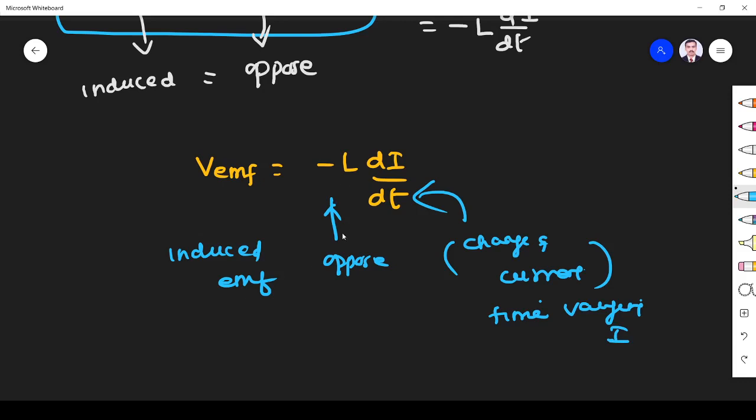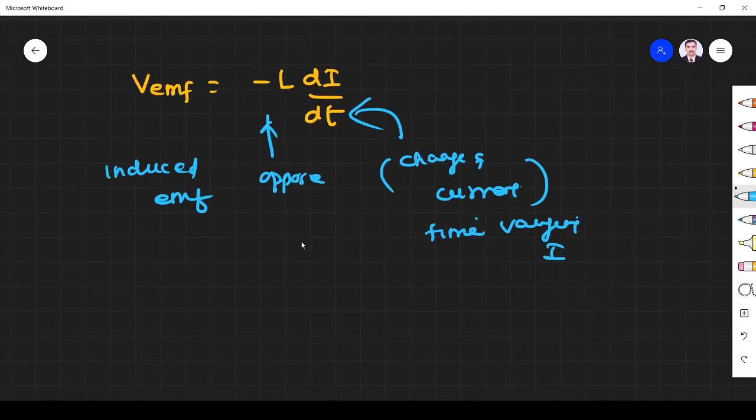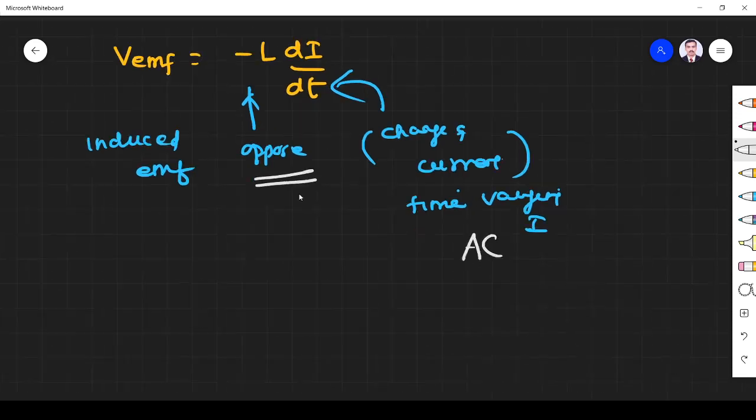So what is that opposition quantity? That opposition quantity is known as L. L opposes the change of time varying current. What is time varying current? Time varying current is nothing but our AC. So inductance opposes AC.